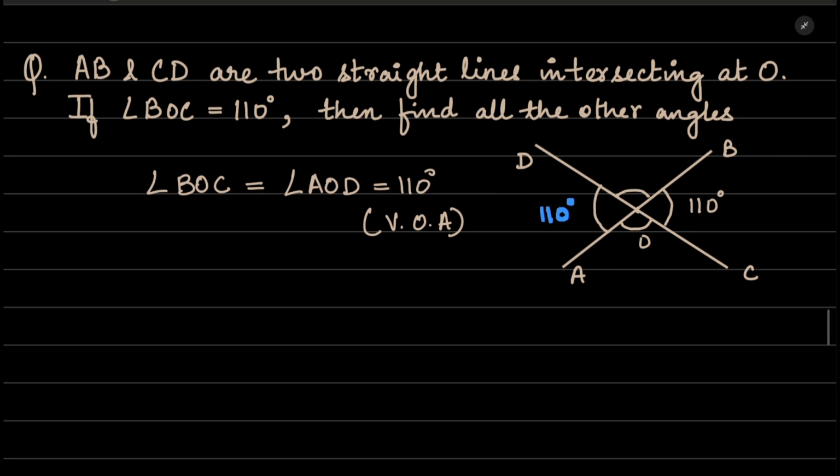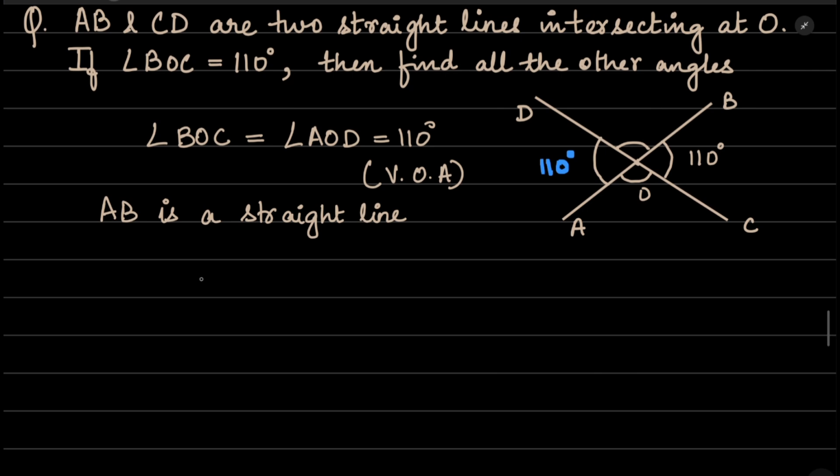Now, since you already know that AB is a straight line or CD is a straight line, you can take any one. So let me take AB as a straight line. So AB is a straight line, and so I can say that angle BOC plus angle AOC is equal to 180 degree.